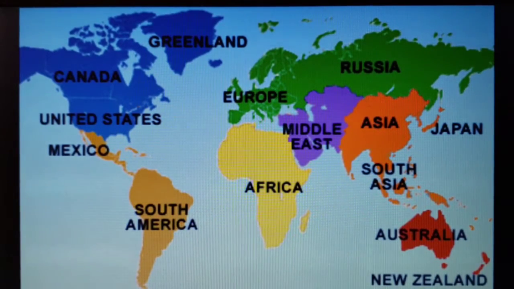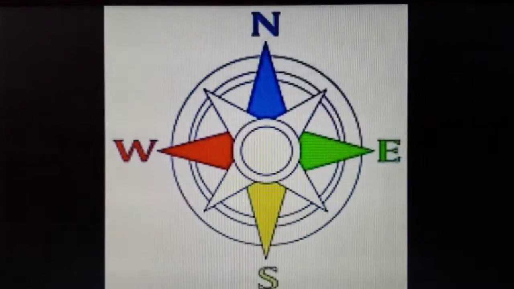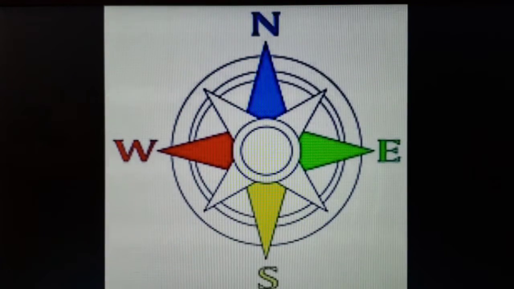What are the directions before we talk about north, south, west, east? What is west? Where is east? As you can see, these are the 4 directions. The blue N is north, the red one is west, the yellow one is south, the light green is east.